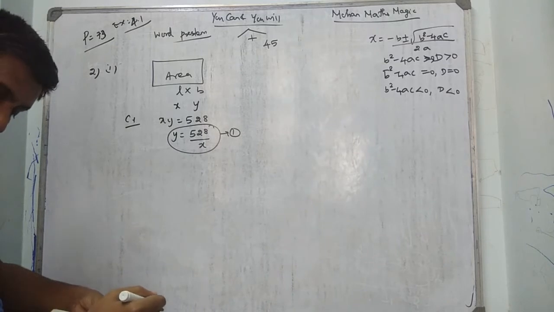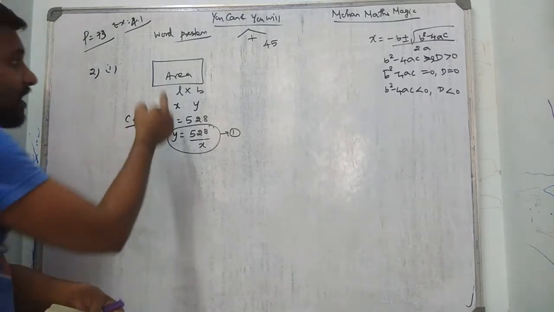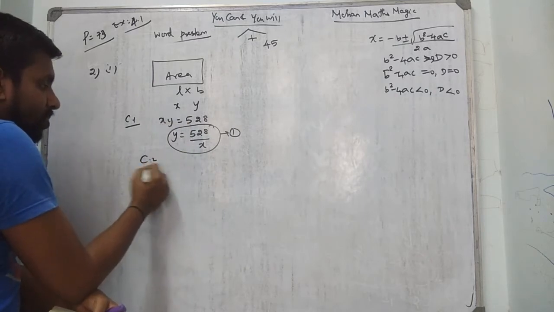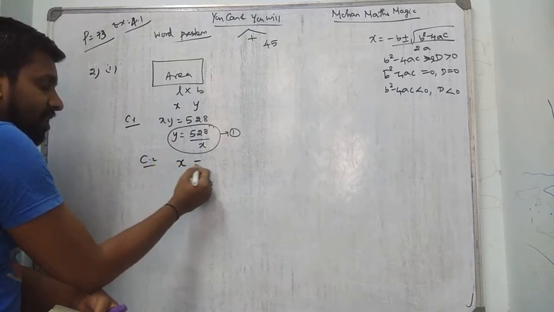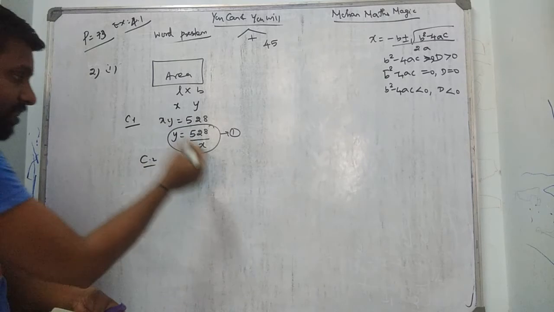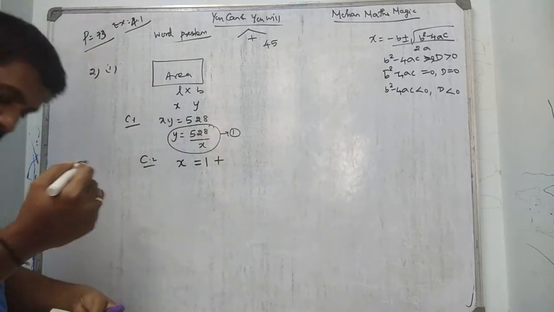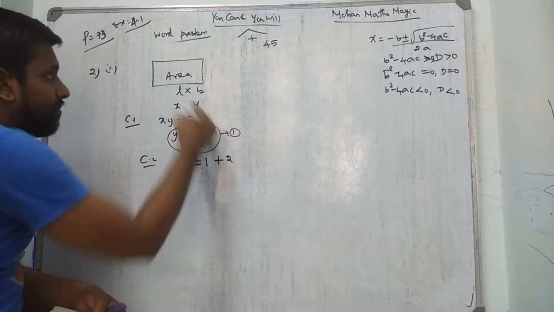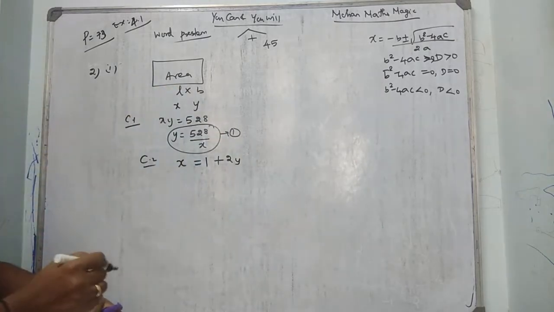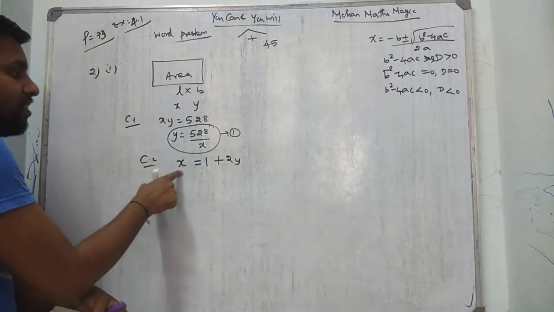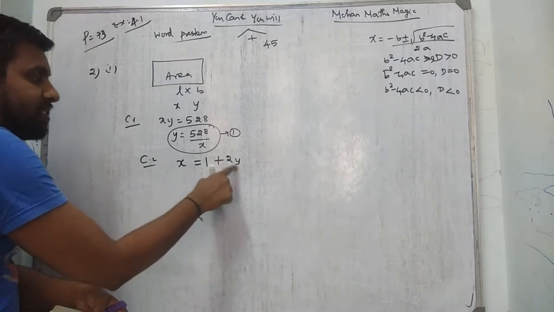Next, the length of the plot is 1 more than twice the breadth. Length of the plot, length is alphabet x, case 2. Length of the plot is equal to 1 more than twice the breadth. Breadth is alphabet y. I repeat, length is 1 more than twice the breadth.